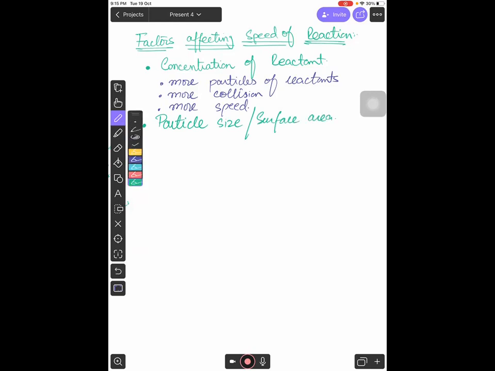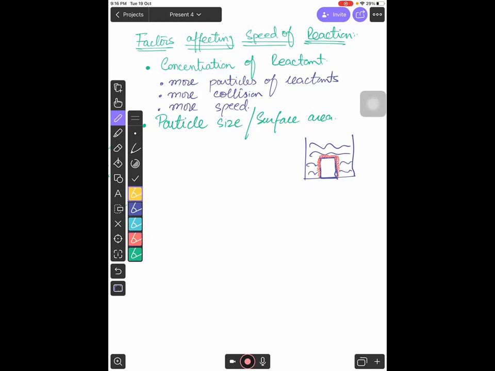But for example, if I have a beaker, and in this beaker, I just place an iron block, and we have water over here, right? So we know that iron gets rust, right? When there is water along with the oxygen. So you can see that the rusting starts on the surface of iron, right? So definitely the molecules of water interact with the particles of iron that are on the surface.